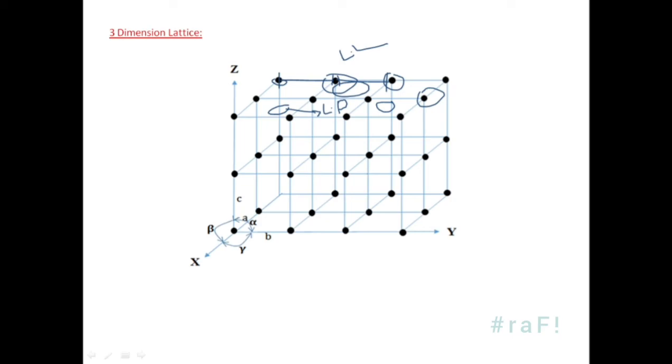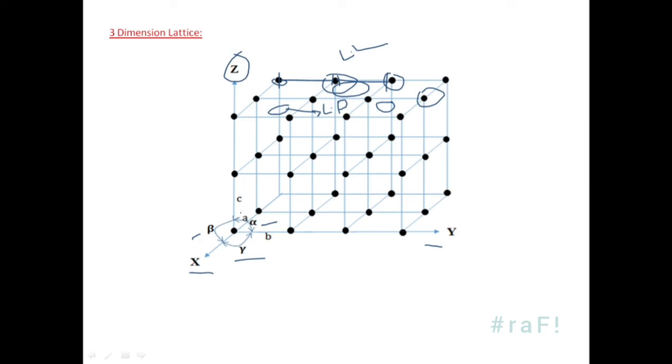In this three-dimensional lattice, x, y, and z represent translation directions or crystallographic axes. Here alpha, beta, gamma are the angles made by the crystallographic axes x, y, and z.